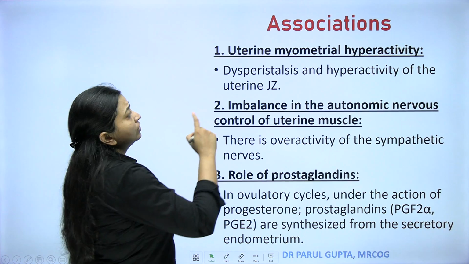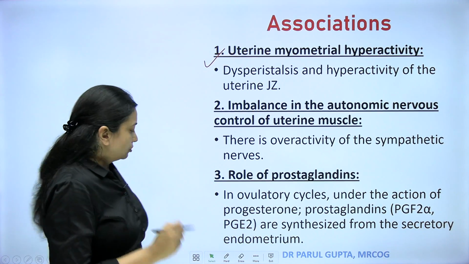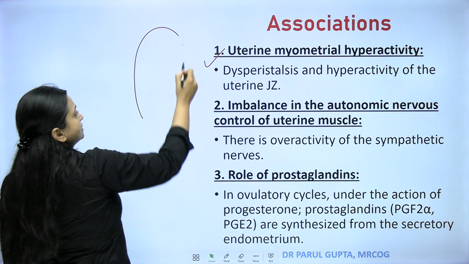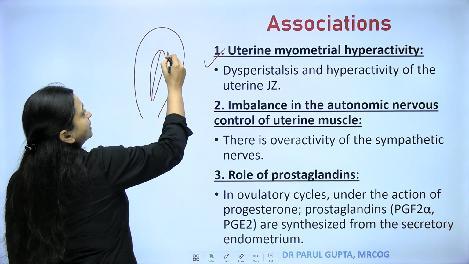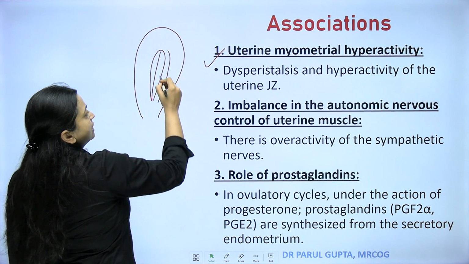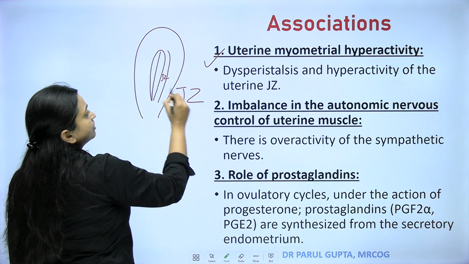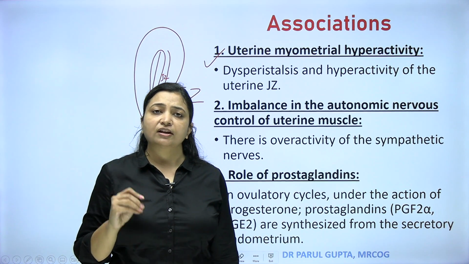Now, uterine myometrial hyperactivity can be a cause. What we studied in the lecture on endometriosis: there is the uterus and the endometrium, and the myometrium is divided into two zones. This is the JZ or junctional zone, which is the subendometrial layer of the myometrium, and this is very important.